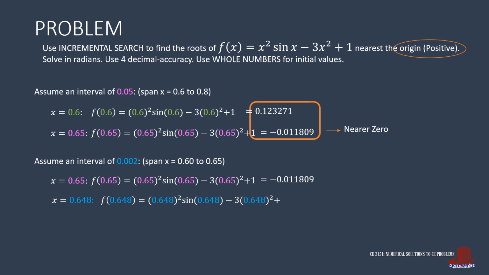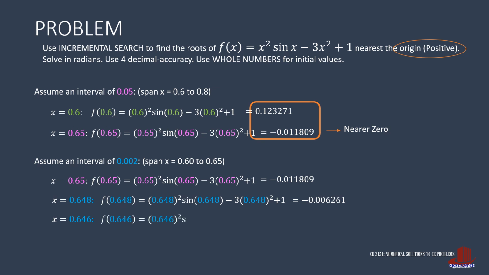Plug this into the function, making it 0.648 squared with sine of 0.648 minus 3 times 0.648 squared plus 1. This yields negative 0.006261.